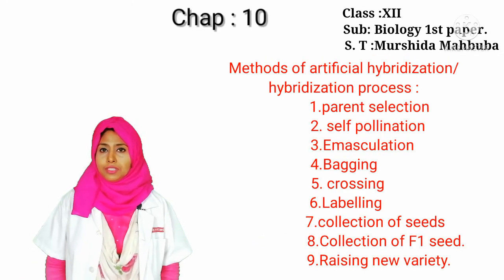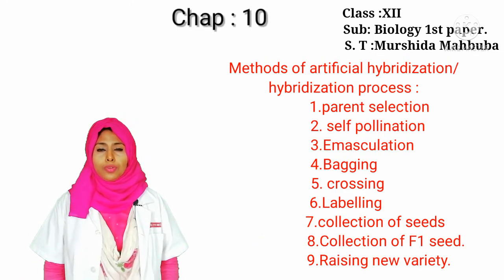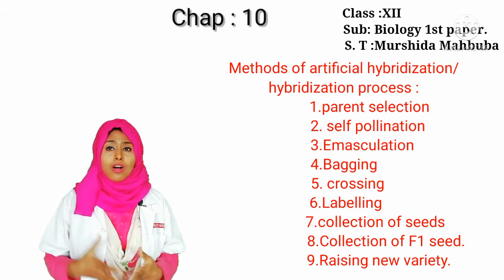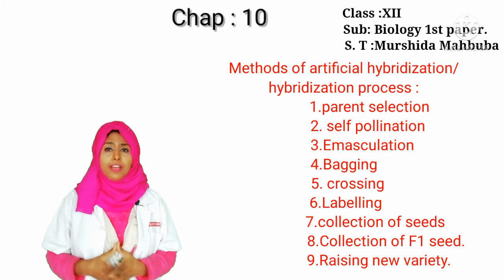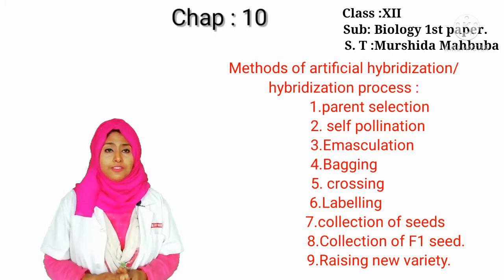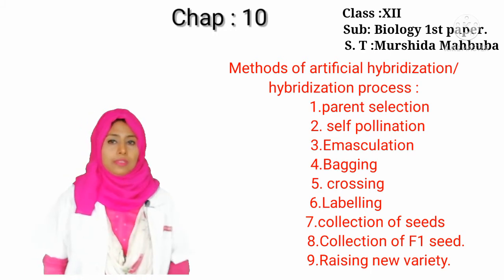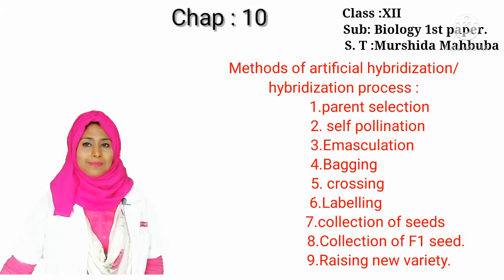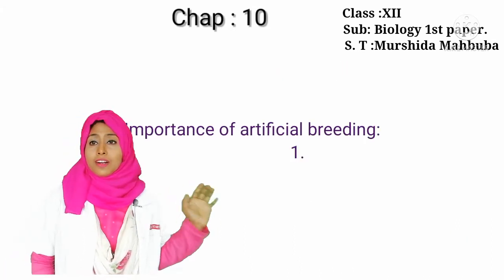Methods of artificial hybridization: parent selection, self-pollination, emasculation, bagging, crossing, labeling, collection of seeds, and then raising the new variety.